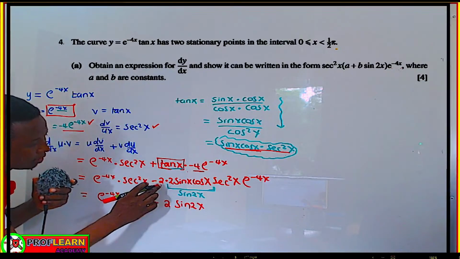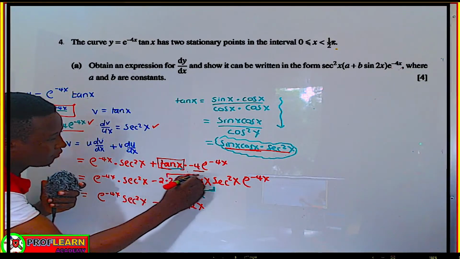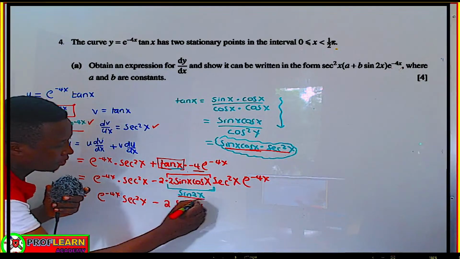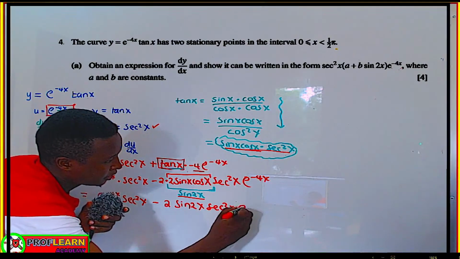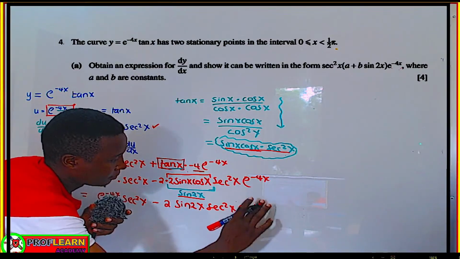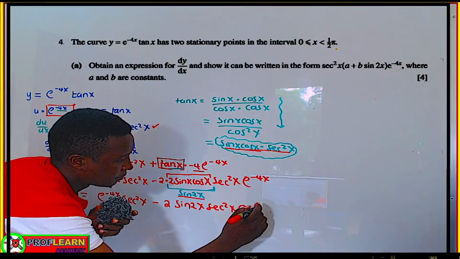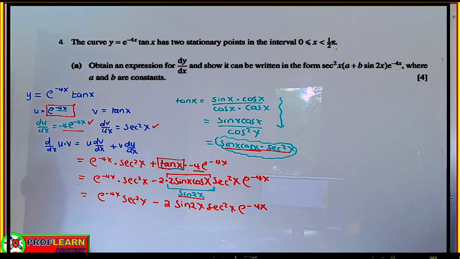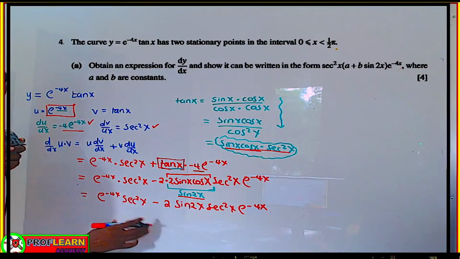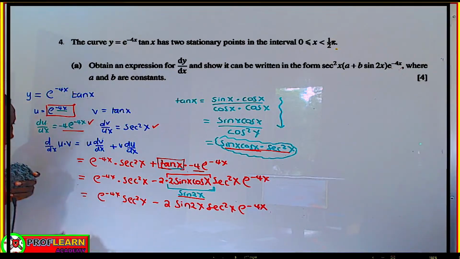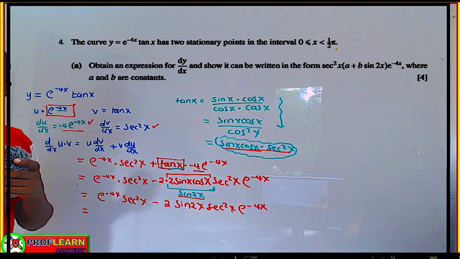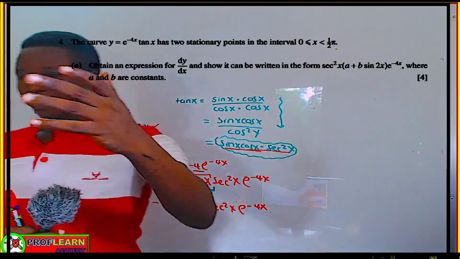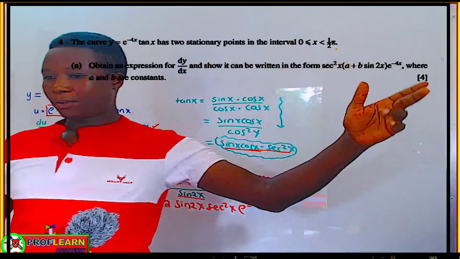Now we are saying this part that we are having here can be replaced with this, and then we have our sec squared x with exponent negative 4x. Now at this given point, we can start factoring things out so that we can give the equation in the form it was expected.